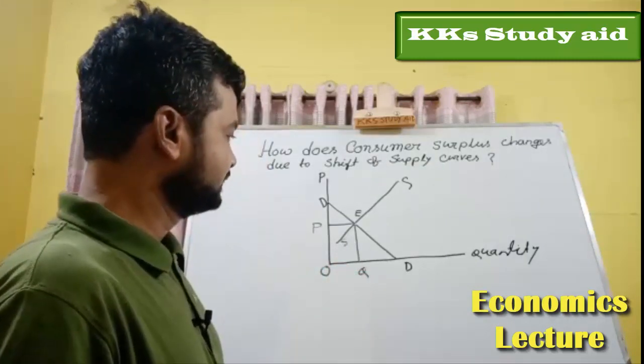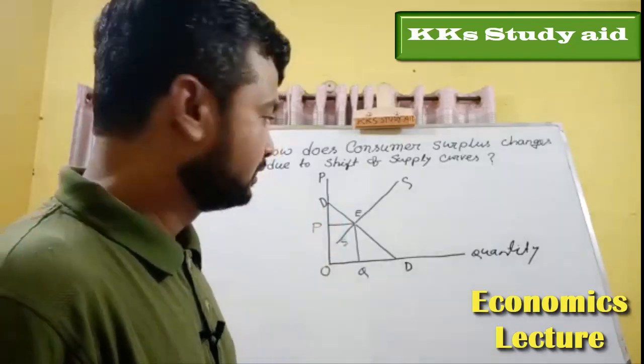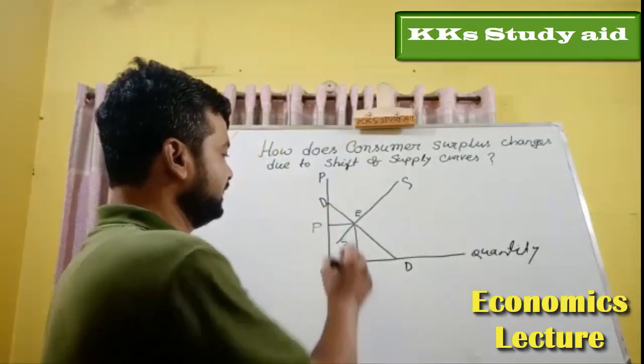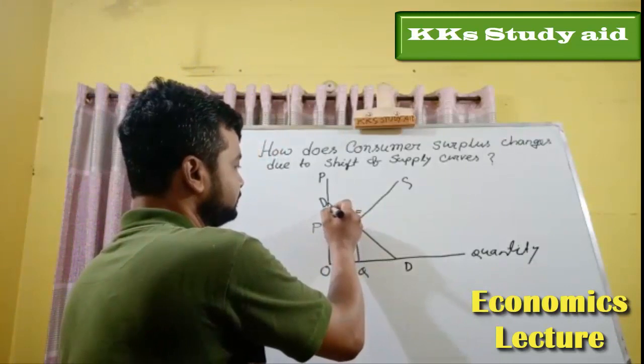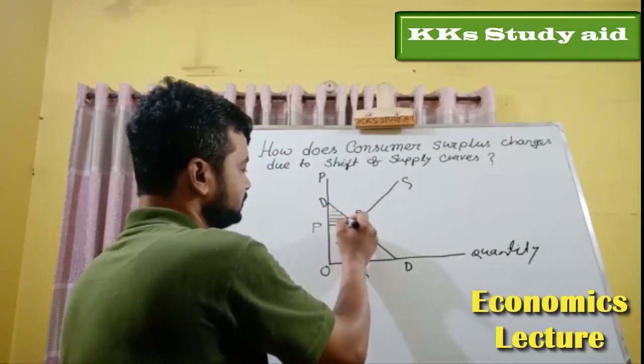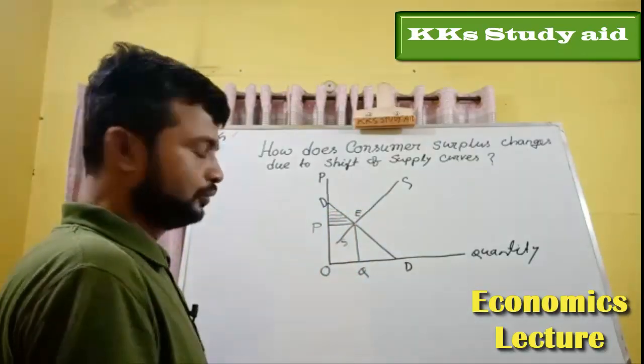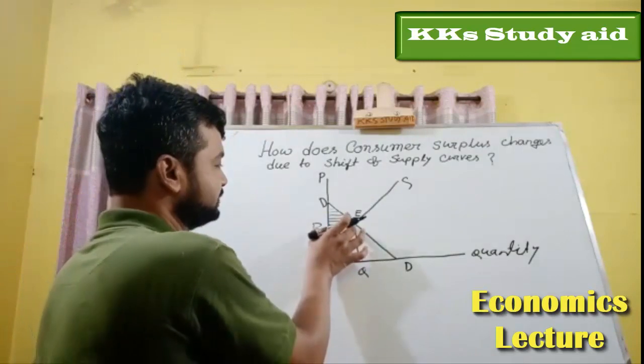Now the question is, what is the consumer surplus here? As we know, consumer surplus is the area under the demand curve but above the price line. Here we see that the price line is PE.